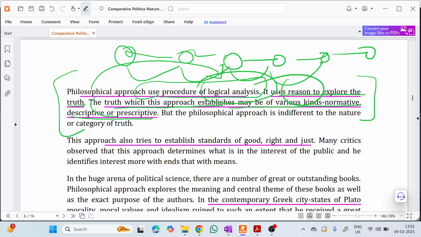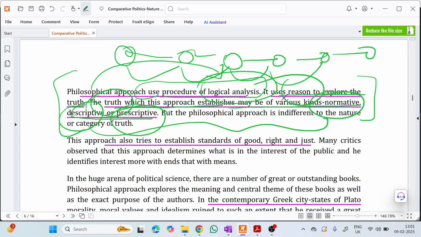Then the truth comes in different kinds: normative, descriptive, and prescriptive. These truths are in some ways interchangeable terms. Normative is about subjective truth. As you know, truth cannot be subjective. Truth is truth.